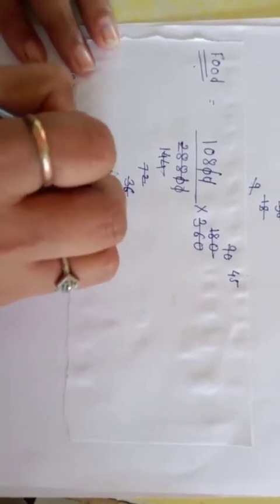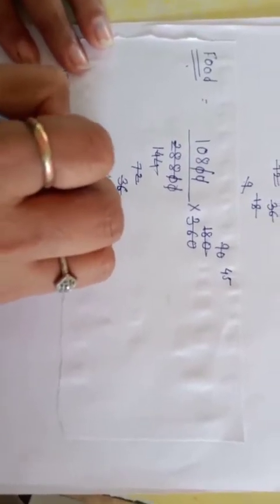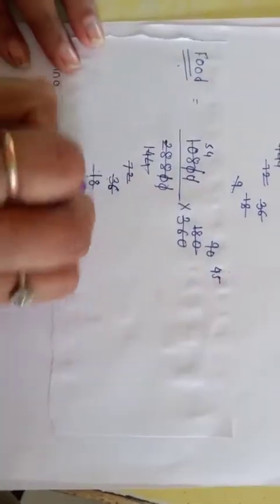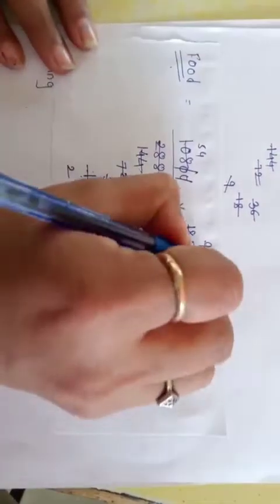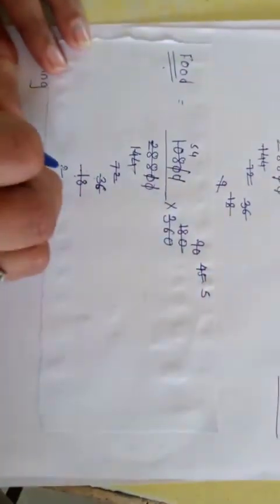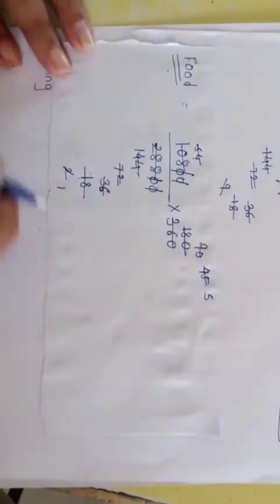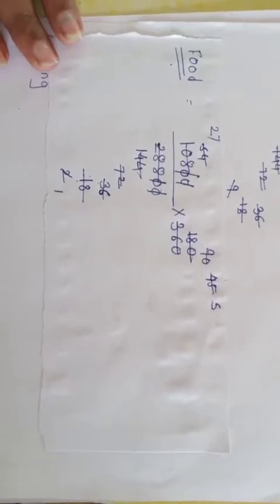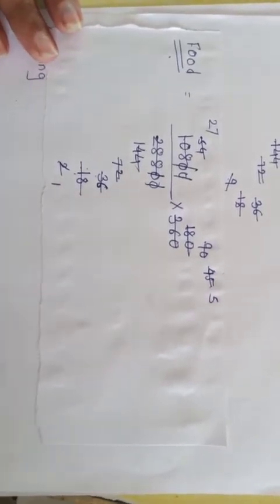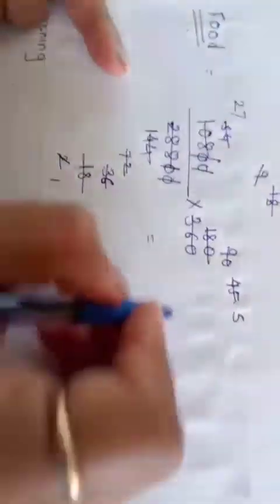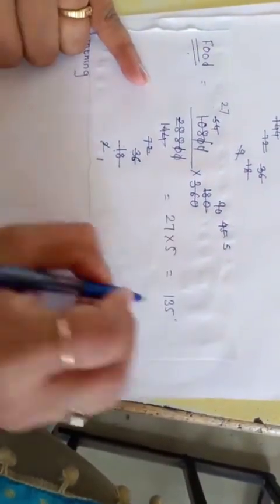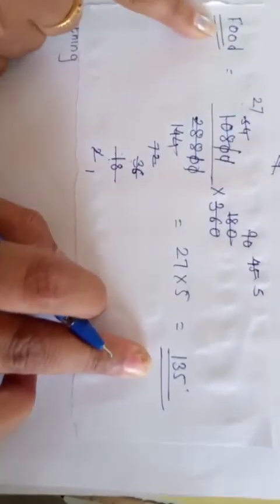Then we have this 1 and 18 and we have 54 here. Again we will be dividing by 9. So here we have 2 and here we have 5. Then 1 and 54, it will be 27. So 27 into 5 is 135. Okay. So here we get the value of food.